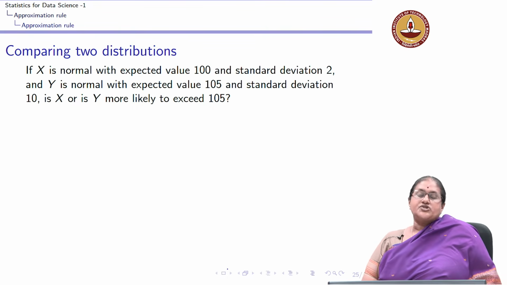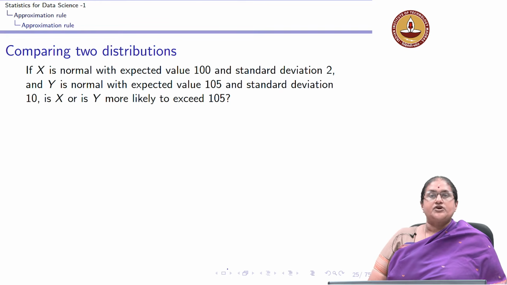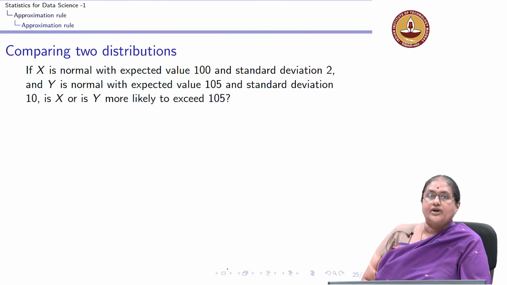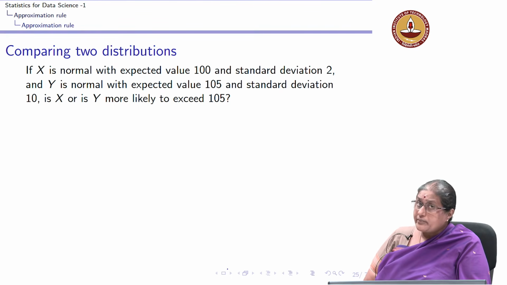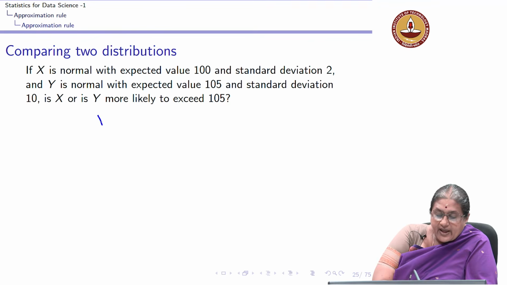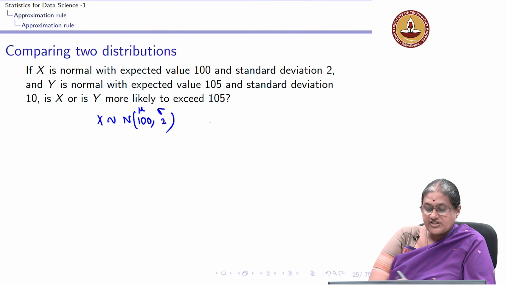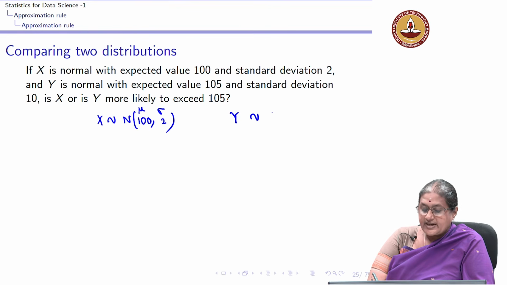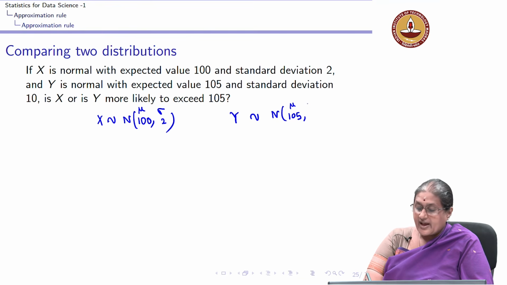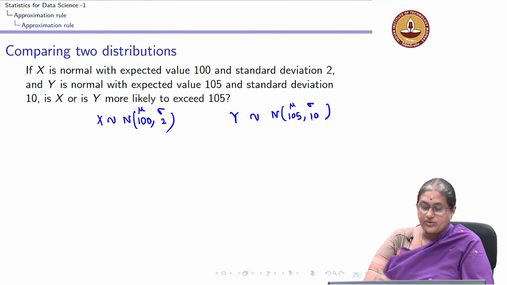Now suppose we apply the approximation rule to compare two distributions. What do I mean by this? I am given x is a normal distribution with mean equal to 100 and standard deviation equal to 2. Y is another distribution with mean equal to 105 and standard deviation equal to 10.